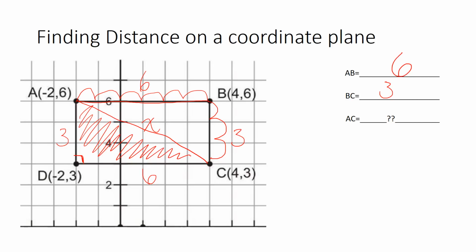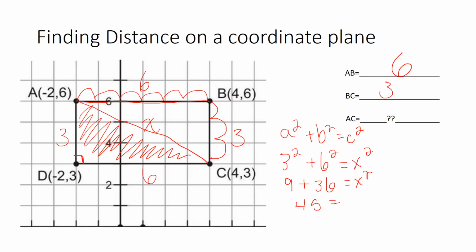So if we use the Pythagorean theorem, remember Pythagorean theorem is a squared plus b squared equals c squared, we would get 3 squared plus 6 squared equals x squared. 3 squared is 9, 6 squared is 36, 9 plus 36 is 45.